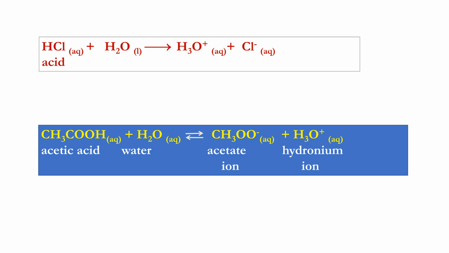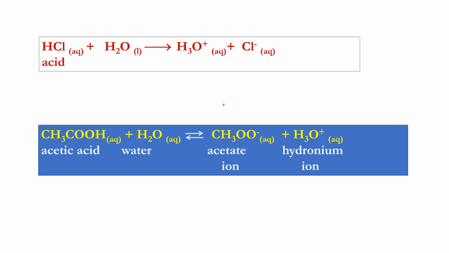So, a strong acid is one that fully dissociates and the reaction goes to completion. An example is HCl plus water to give hydronium ion plus Cl minus. So this is a strong acid. What it means is that it will fully dissociate and the reaction goes to completion, as we have seen here.